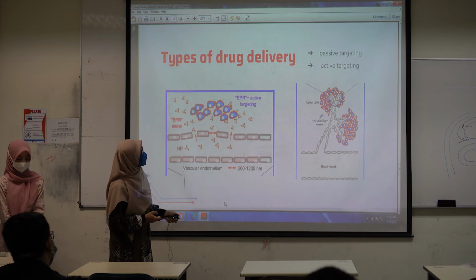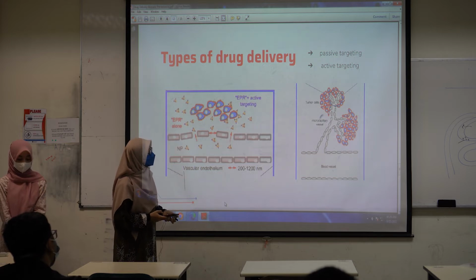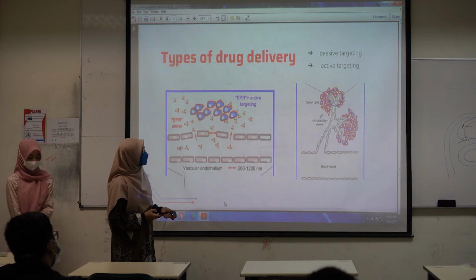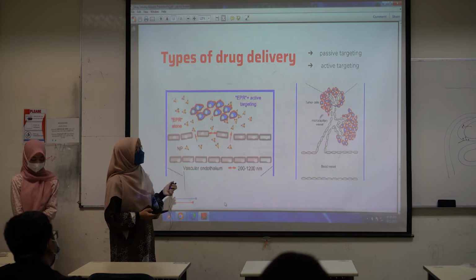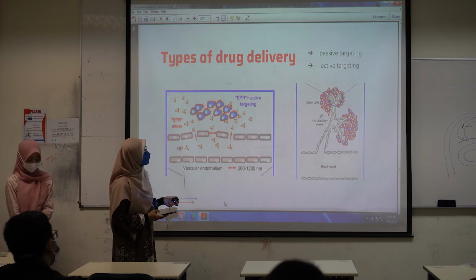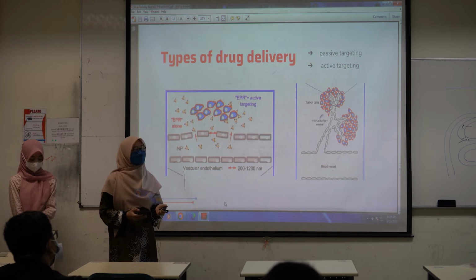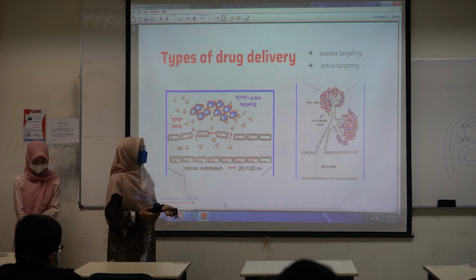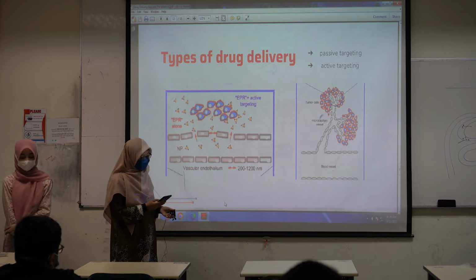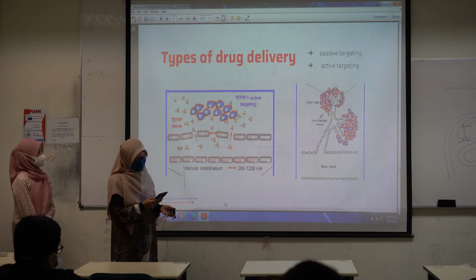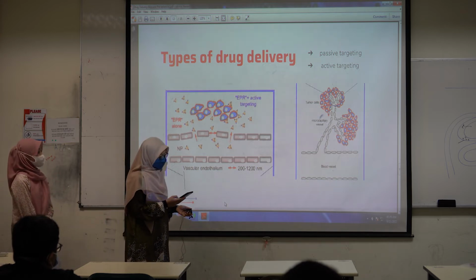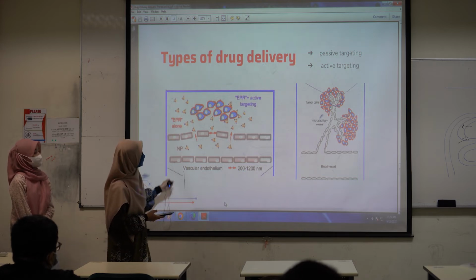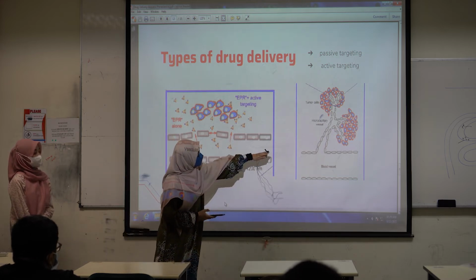Active targeting depends on the modification of the surface of the membrane by incorporation of ligands. So it has the advantages of both the EPR effect and the specific targeting of the ligands. Here is the zoom of that.